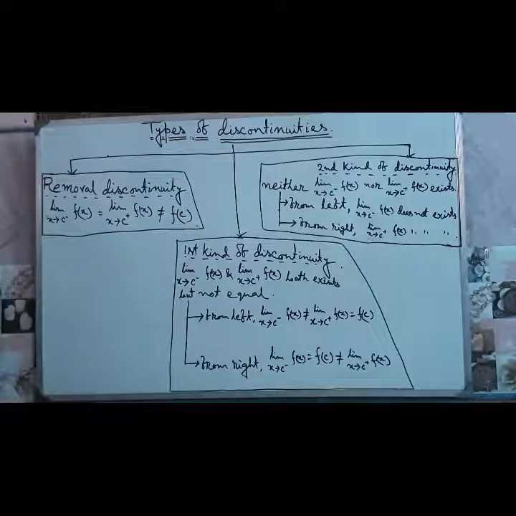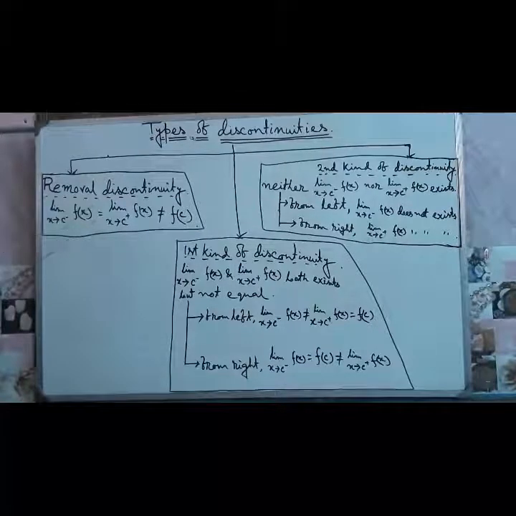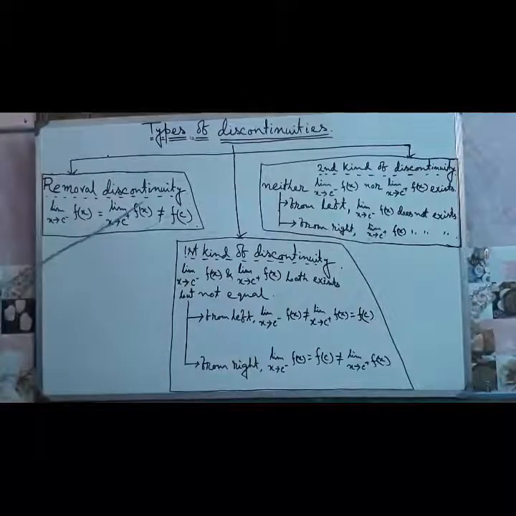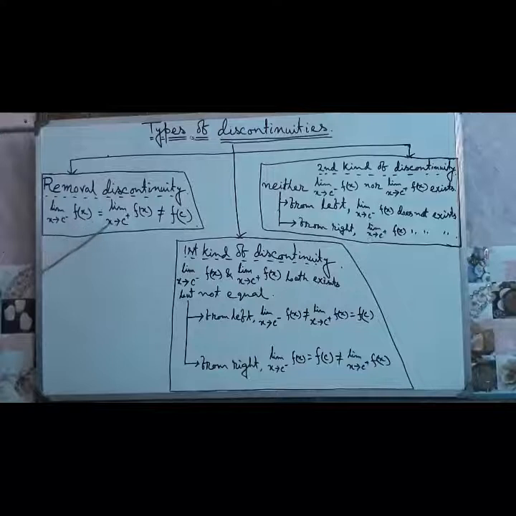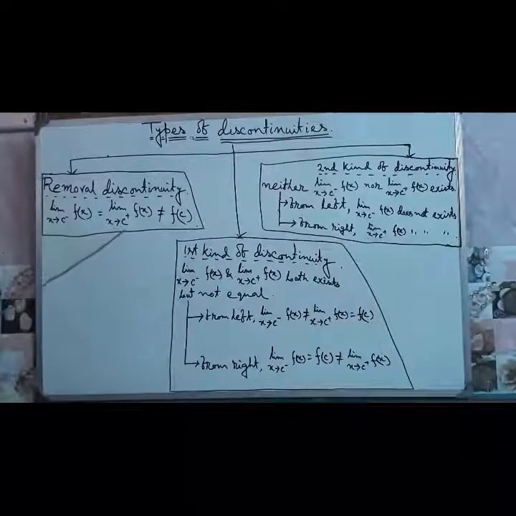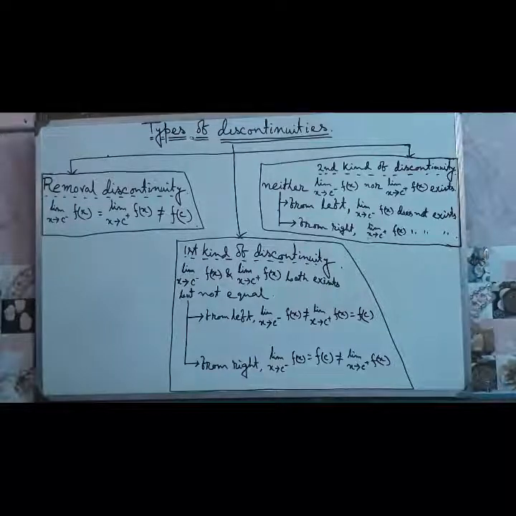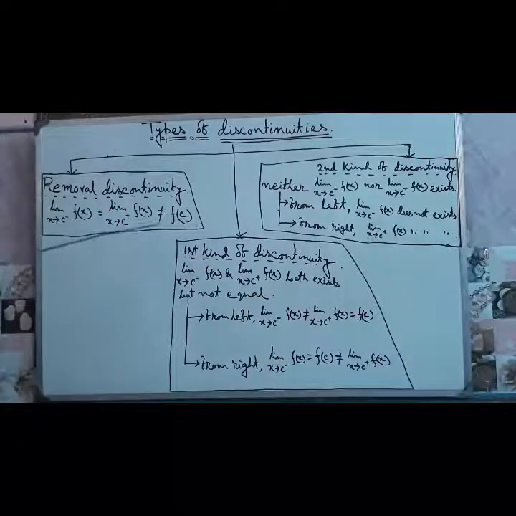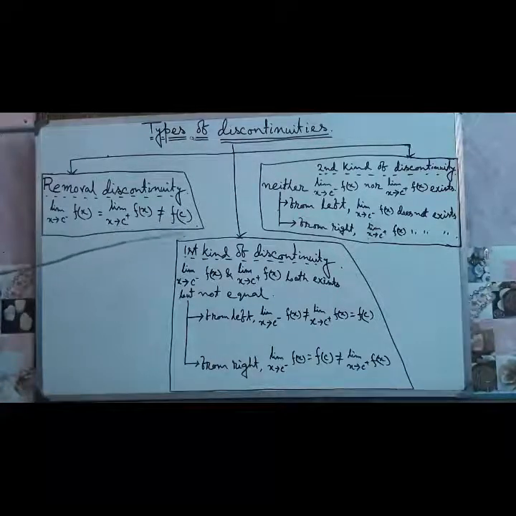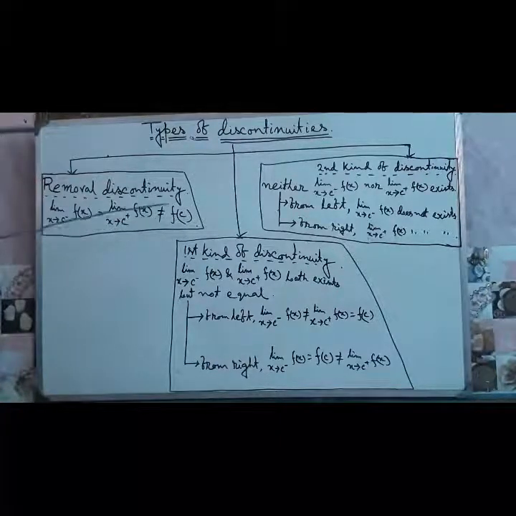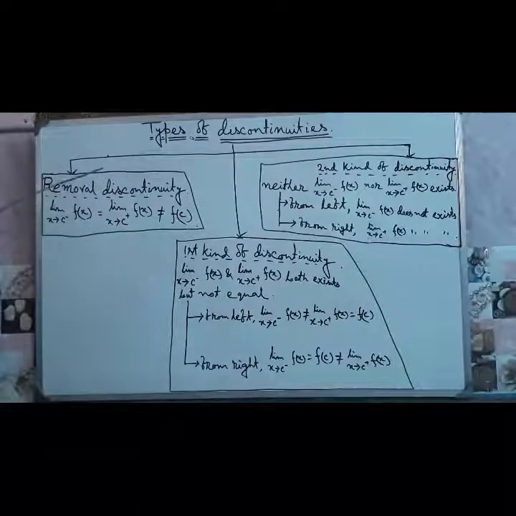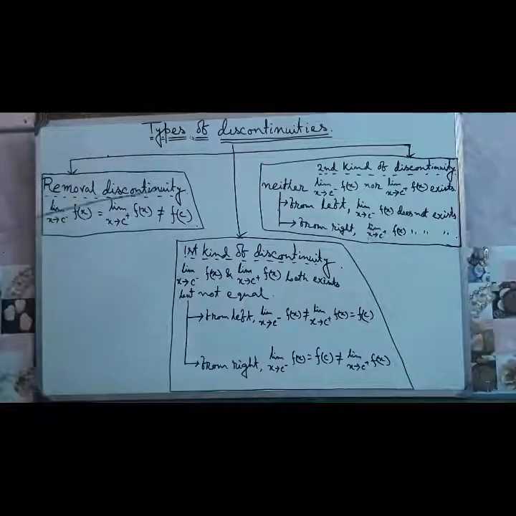If the left hand limit and the right hand limit exist and are equal, but they are not equal to the functional value at that particular point, that is limit x tends to c minus f of x is equal to limit x tends to c plus f of x, but not equal to f of c. Why is it called removable discontinuity? Because we can assign a functional value at that particular point c to make this function continuous.